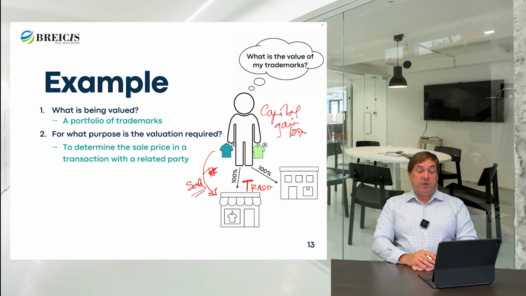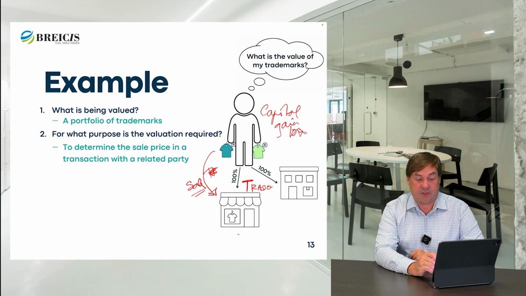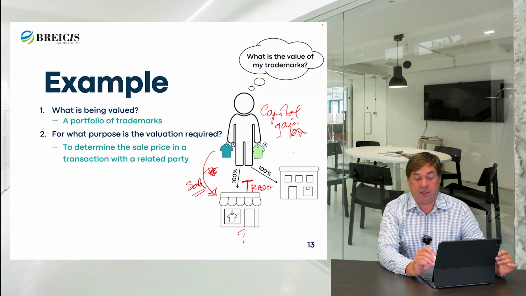But then when some time passes and the trademark is becoming more and more valuable, what comes next? There is a risk that something may happen with this company, and it is a good idea to create a separate company.